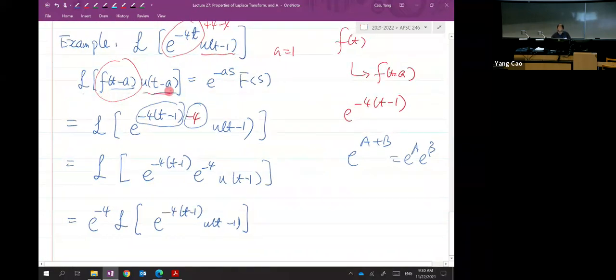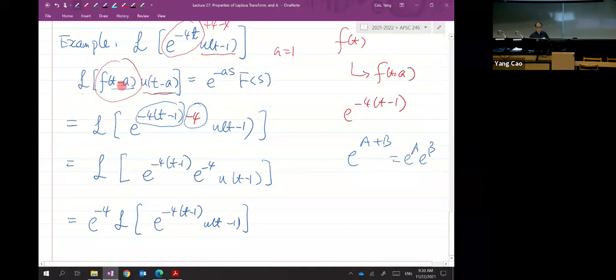The property has a u of t minus a, a function of t minus a. Here you have a u of t minus 1, and this is a function of t minus 1. So now I'm ready to apply the property.